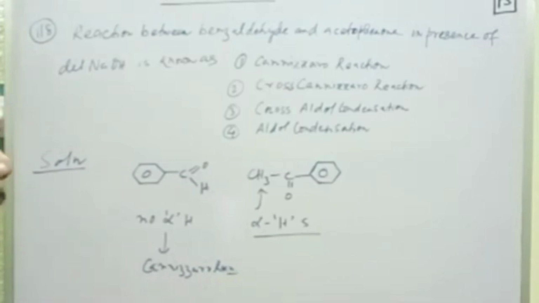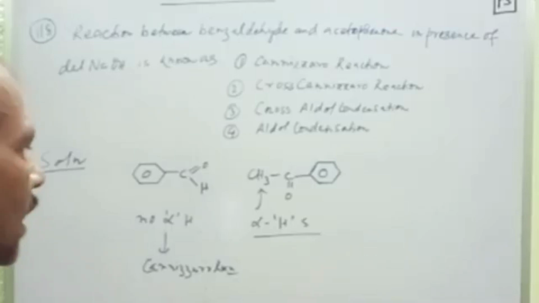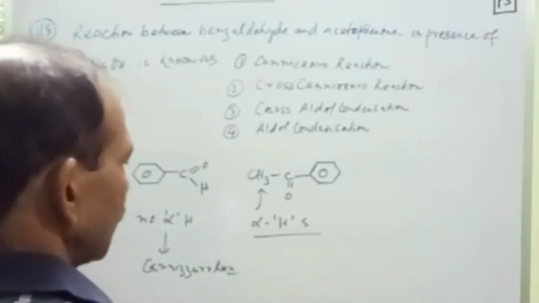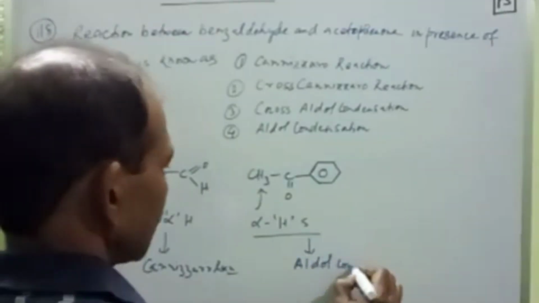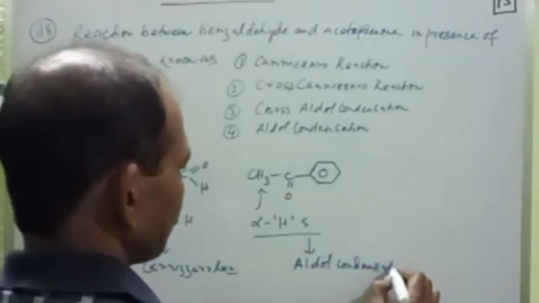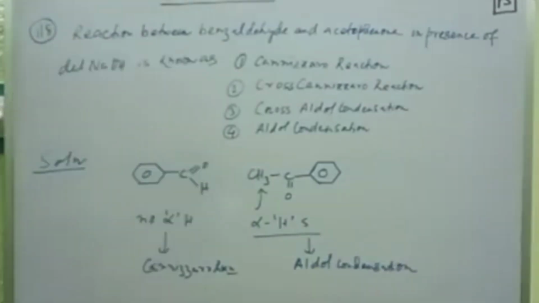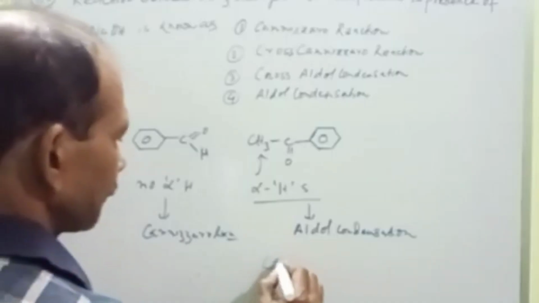And a carbonyl compound containing alpha hydrogen atom can take part in aldol condensation. We know alpha hydrogen containing carbonyl compounds can take part in aldol condensation because it can generate the carbanion.